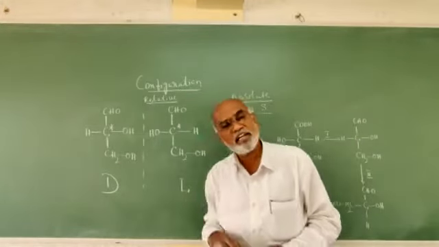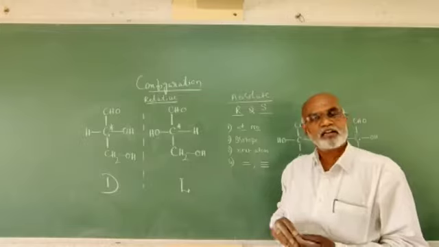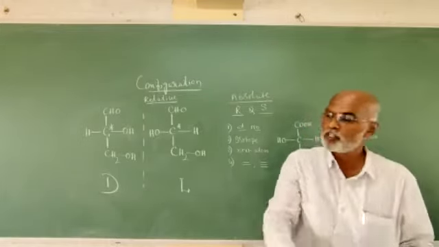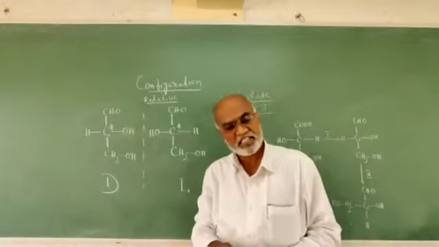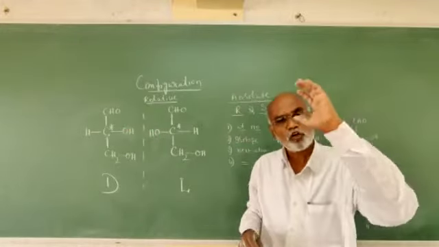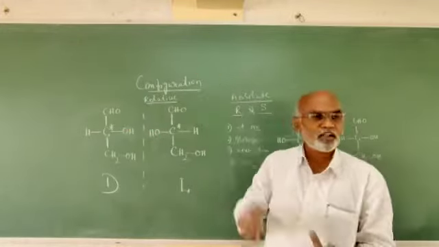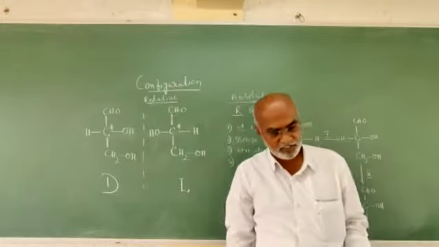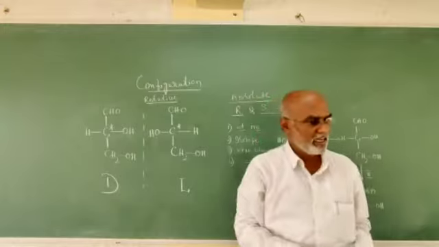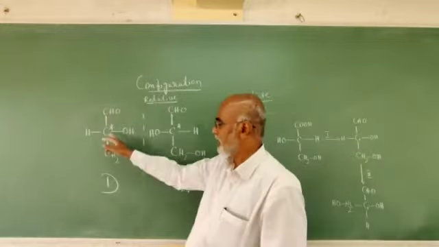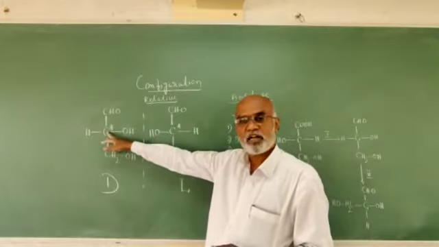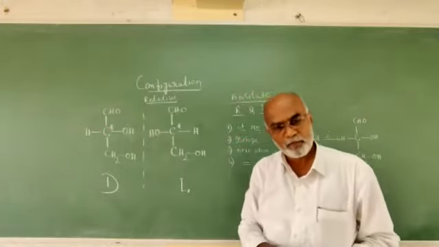So this glyceraldehyde is taken as a standard reference molecule, and by comparing other molecules with glyceraldehyde as a standard reference molecule, we are going to decide the relative configuration of the given molecule which is under examination. In the case of glyceraldehyde, which has 3 carbon atoms, the one central carbon atom is the chiral carbon atom.